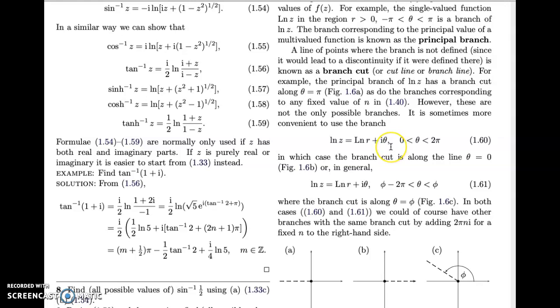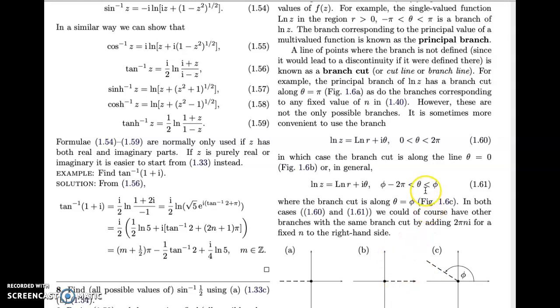We could choose to have the branch along the real axis and say that we're going to write log z in this way, where theta is allowed to vary between 0 and 2 pi. And then the branch cut would be along the positive real axis.